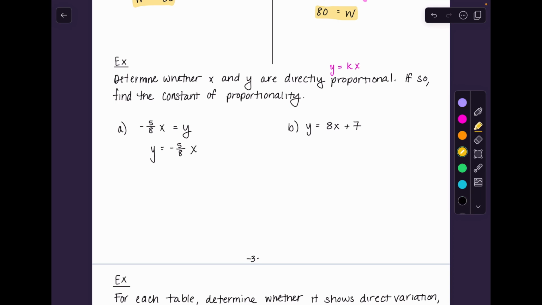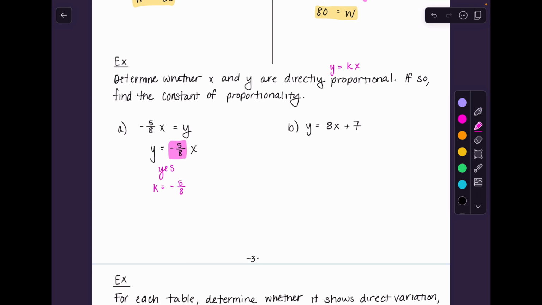So I have exactly the same format for directly proportional. So this is a yes. It forms a nice line. If I plug in x equals 0, my y value is also equal to 0. So this is a yes, and my constant of proportionality is -5/8, whatever's attached to x.